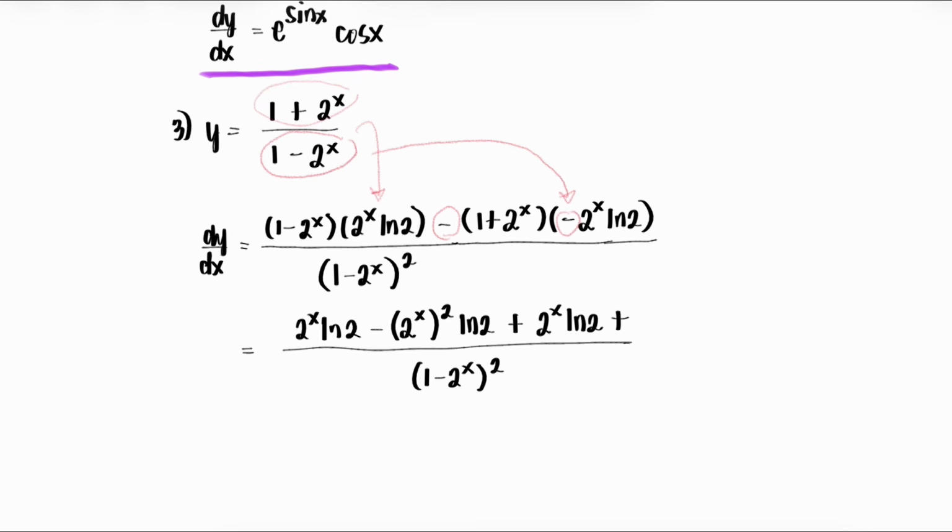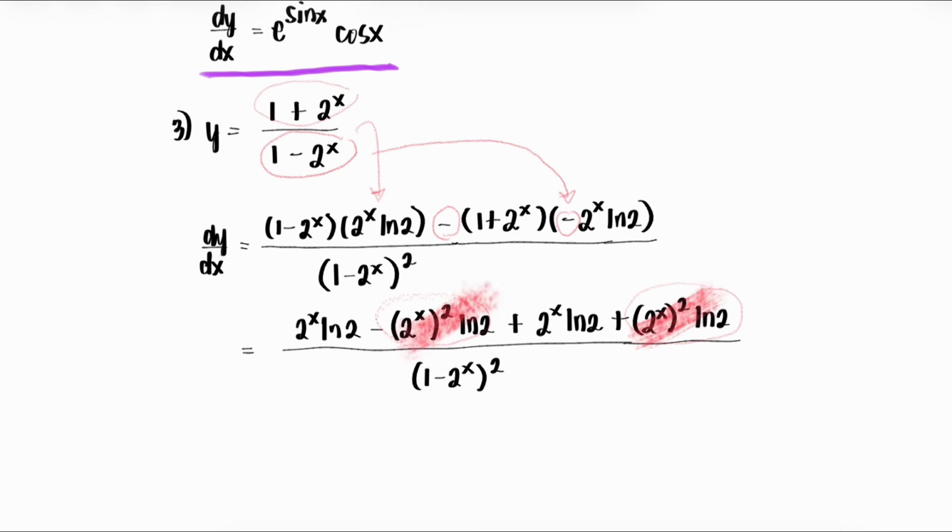And again, it's a plus. That's 2 to the power of x quantity squared ln of 2. And as we can see, we can cancel this 2 to the power of x quantity squared ln 2. So we're going to cancel that out.